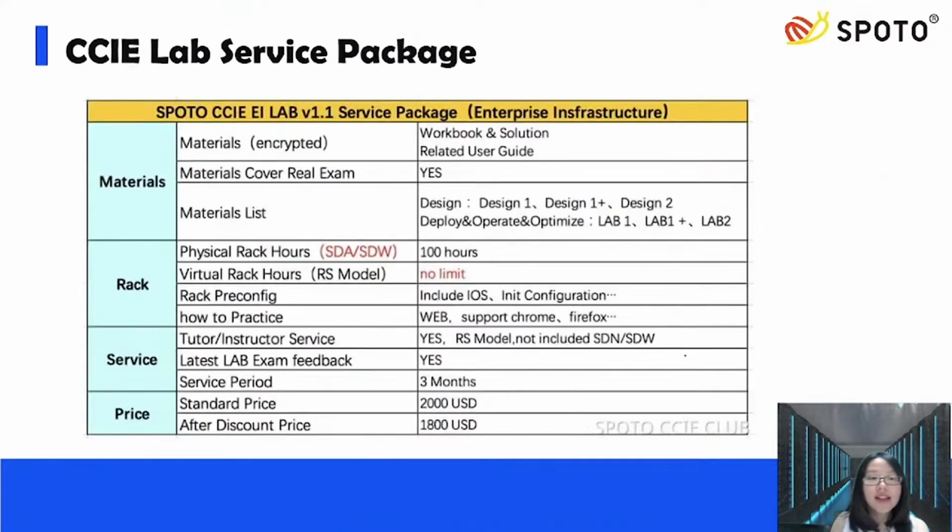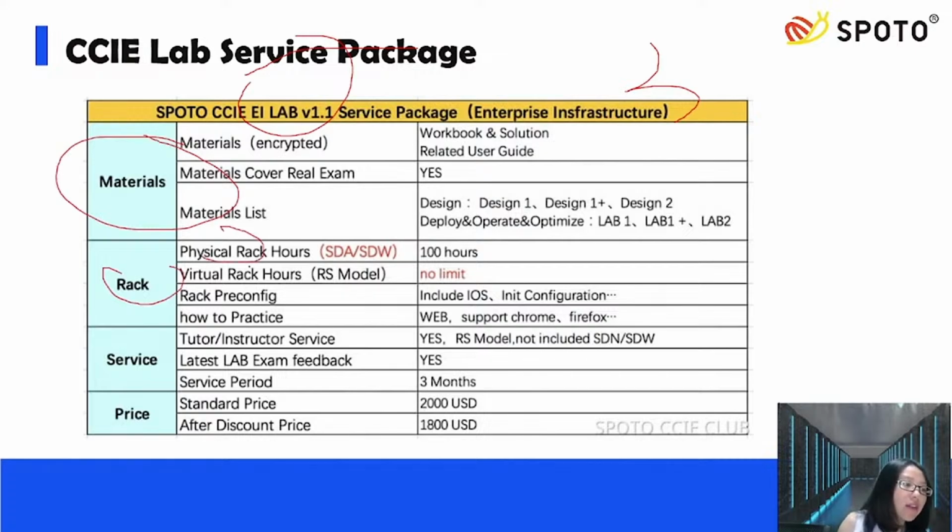Okay, so here is the CCIE EI lab package. You can take a look. We provide 3 months of service time, and it's including material, rig, physical rig, and the virtual rig. Okay, I must emphasize for you, the virtual rig is used to practice routing and switching, and there is no limit on hours for you to practice. But other vendors won't provide routing switching rig for you to practice.